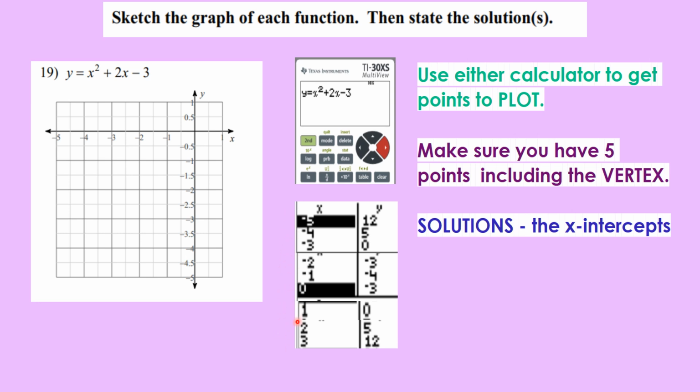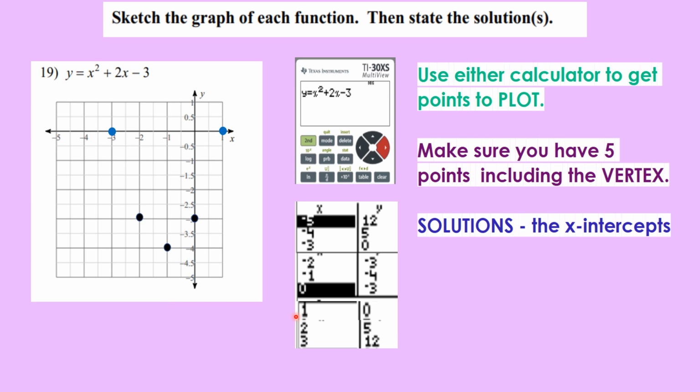I do want to make sure that my vertex is included so that I really do see the graph. -5, 12 is not going to be on my graph. -4, 5 is not going to be on the graph either because of what was given to us. -3, 0, -2, -3, -1, -4, 0, -3, and 1, 0 are all going to fit. So we're really only going to graph the 5 points that fall between and including -3 to +1.